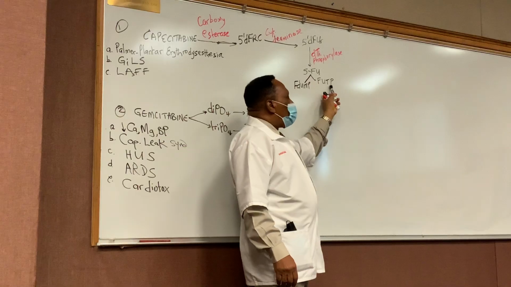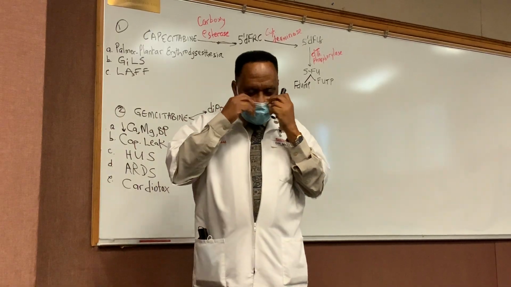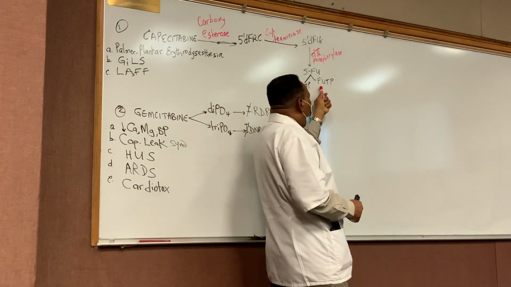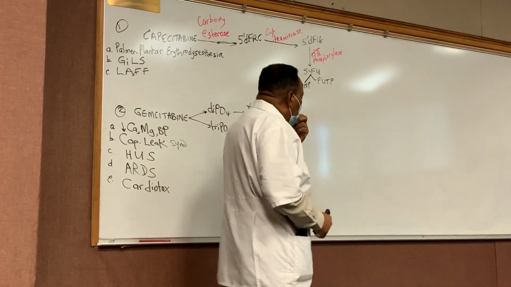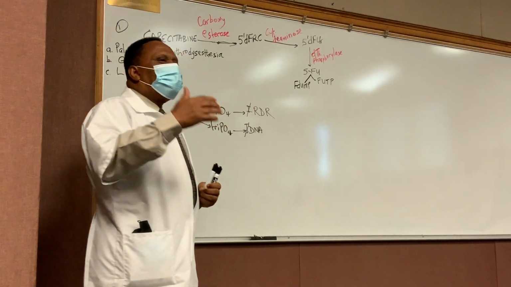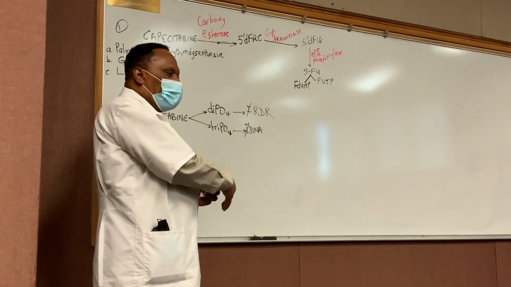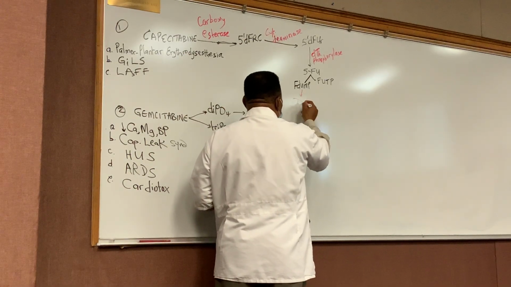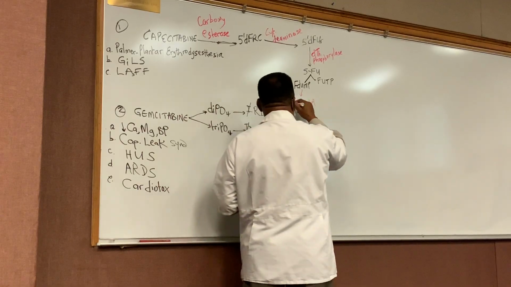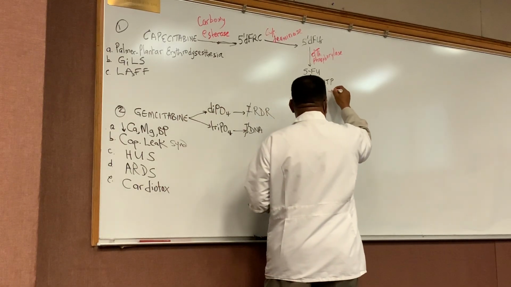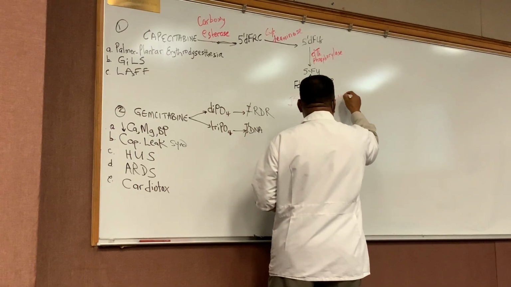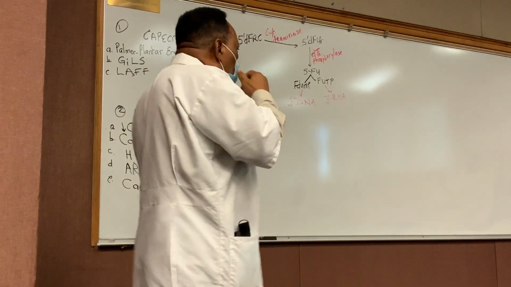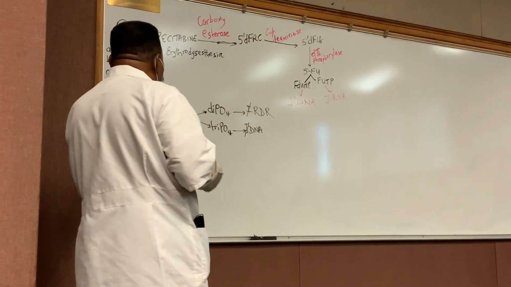But 5-FU can also go to 5-fluorouridine triphosphate, and the FUTP is the one that would inhibit RNA. So FdUMP would go to the inhibition of DNA, and FUTP would go to the inhibition of RNA. So that's how capecitabine works.